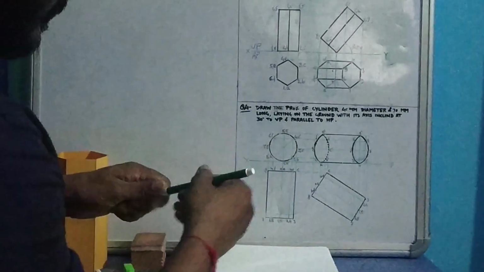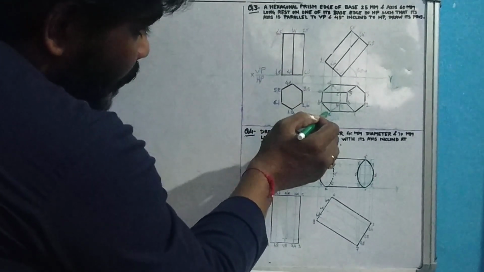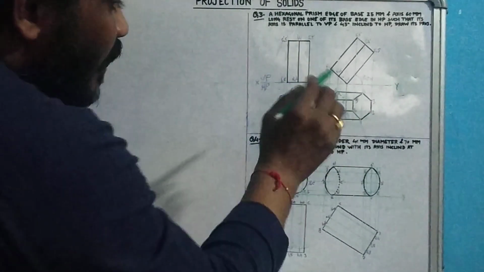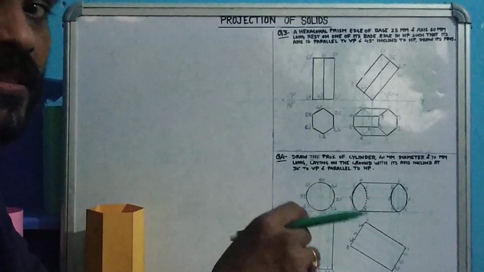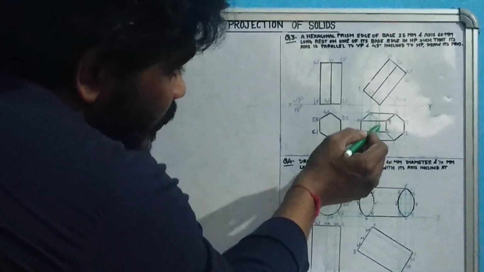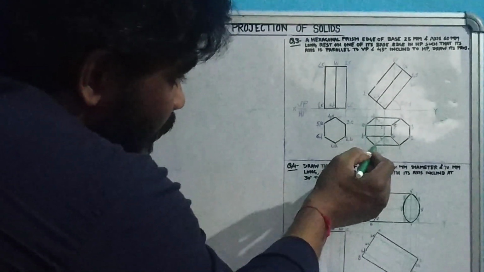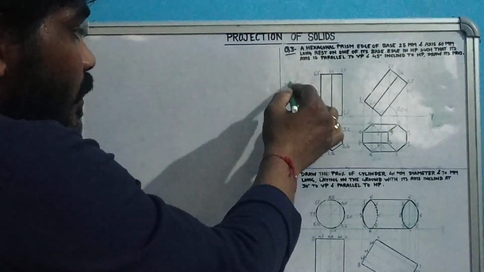The visible edges are ED, EF and FA, drawn as a continuous thick line, and when the edges are hidden we draw them with a dash line. So DC will be a dash line, CB will be a dash line, BA will be a dash line. So this is the answer figure of this question.